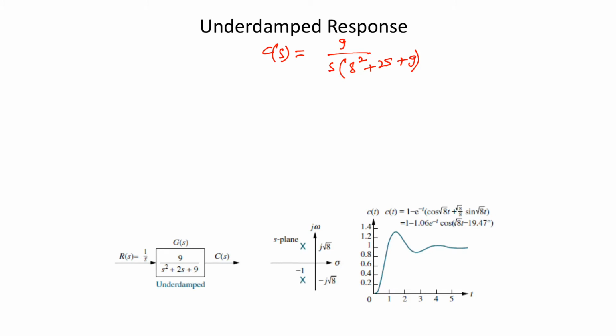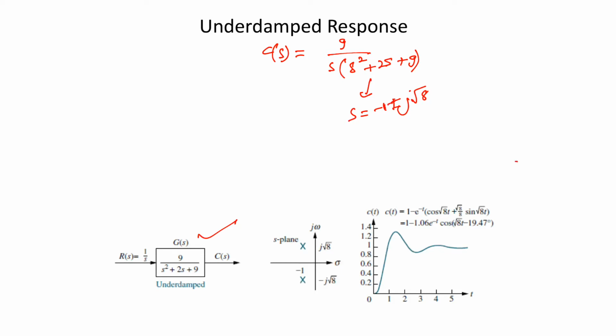Now this has two poles, and the location of the poles is minus 1 plus or minus j root 8.